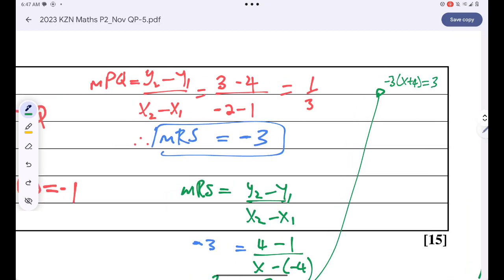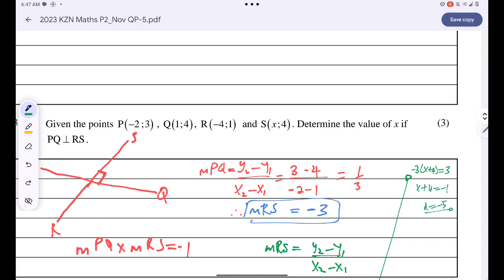I can divide both sides by -3. I'll simply have X plus 4 is equal to -1. Then X is simply equal to -5. So for the coordinates of S, I'll simply have -5 and 4.